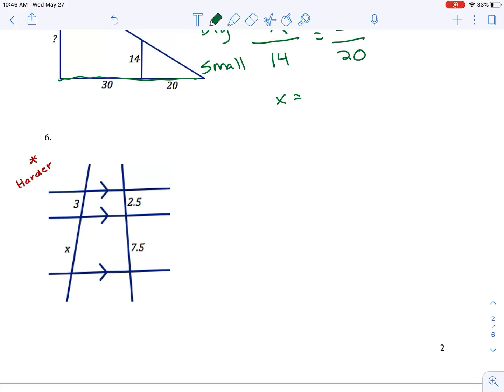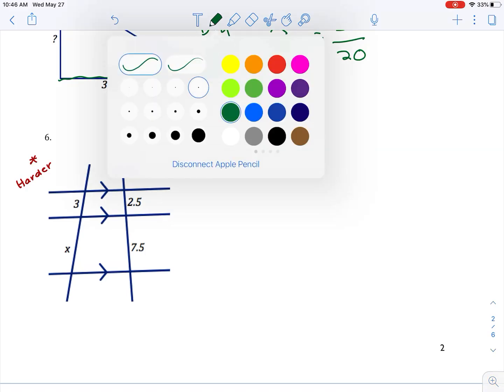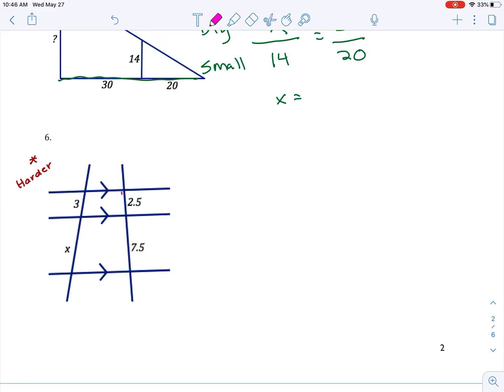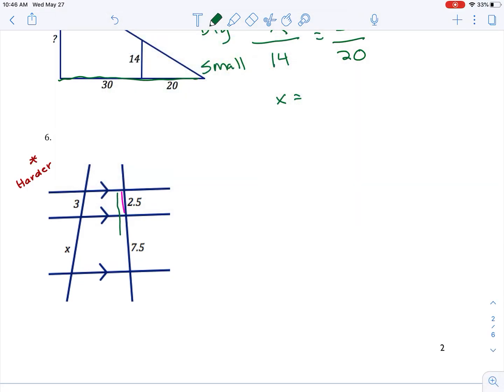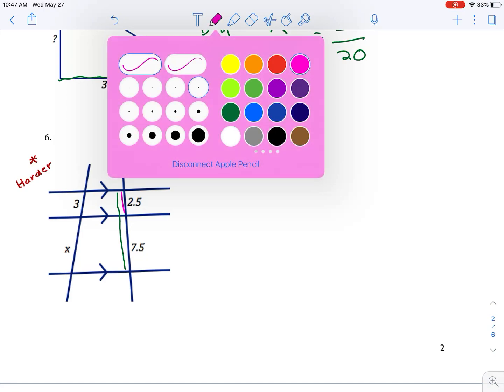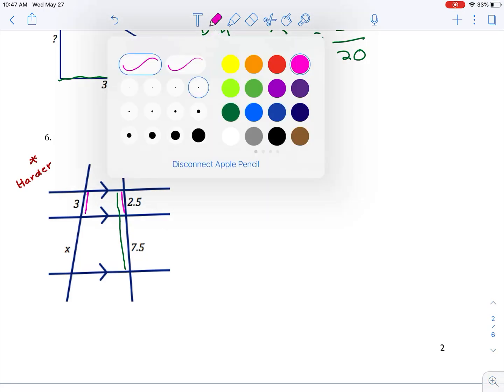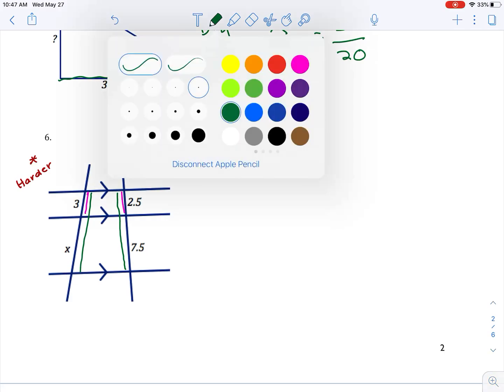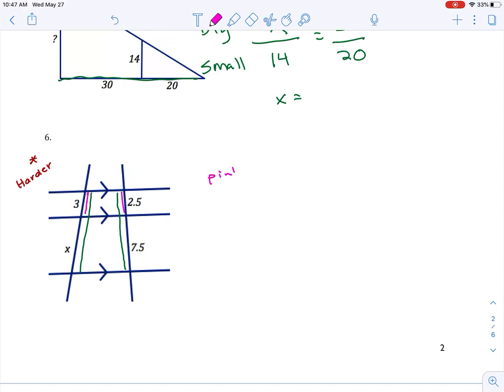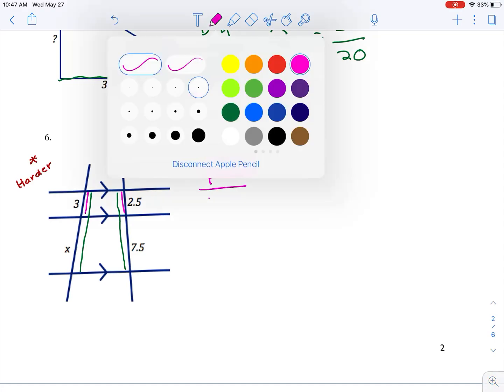Okay? So, I'm going to label again in pink and green. So we know that the little part here is proportional to the whole thing. And same thing over here, that the little part is proportional to the entire thing. So I'm going to have pink on the top of my proportion, and that's going to be over green.